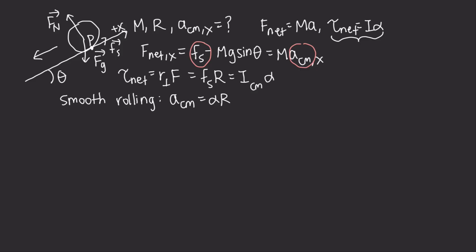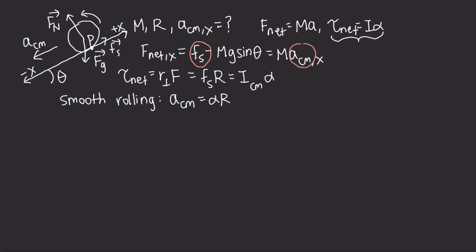However, here we have to be careful with the signs because the acceleration of the center of mass is negative because it's in the negative direction of the x-axis here. This is the negative x-axis. But the angular acceleration is positive because we are moving counterclockwise.